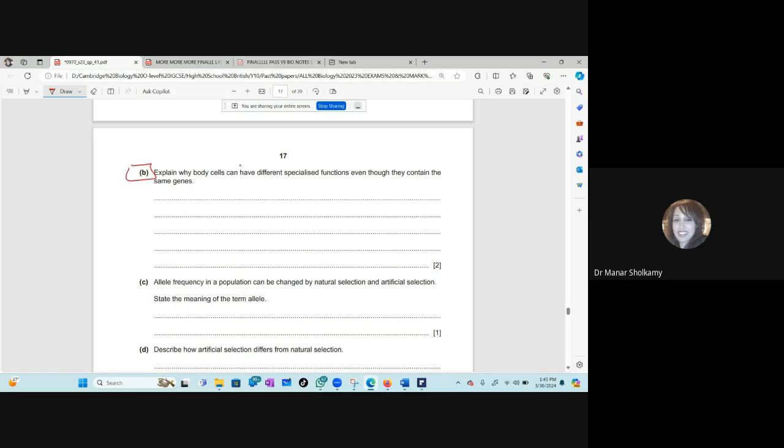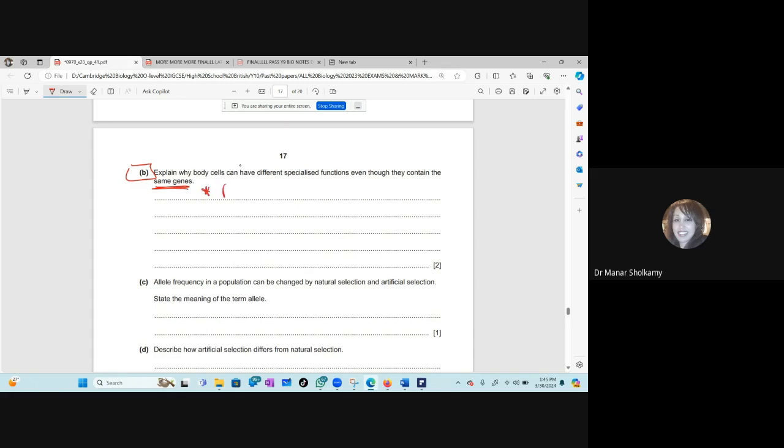Again, this is a very important question. We took it in inheritance. Only some genes are expressed. Excellent. Very good. And this is called gene expression. All body cells contain the same genes.